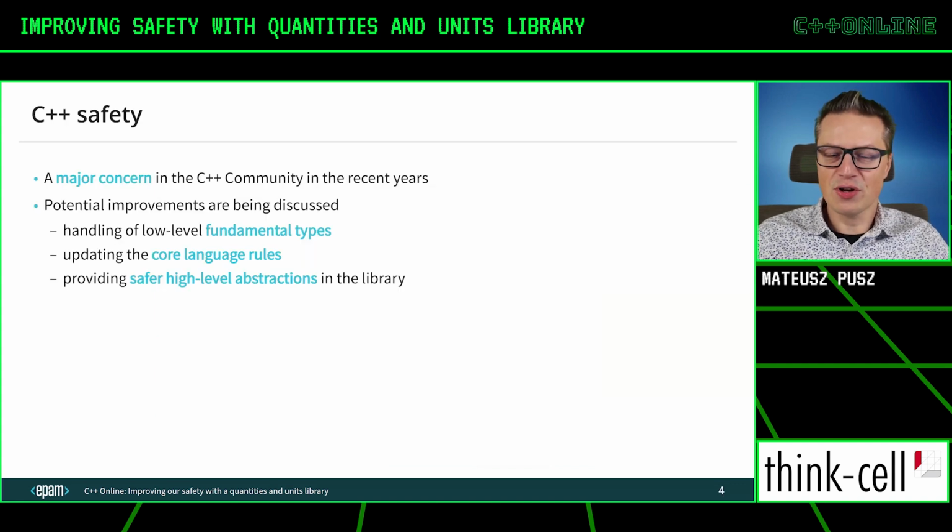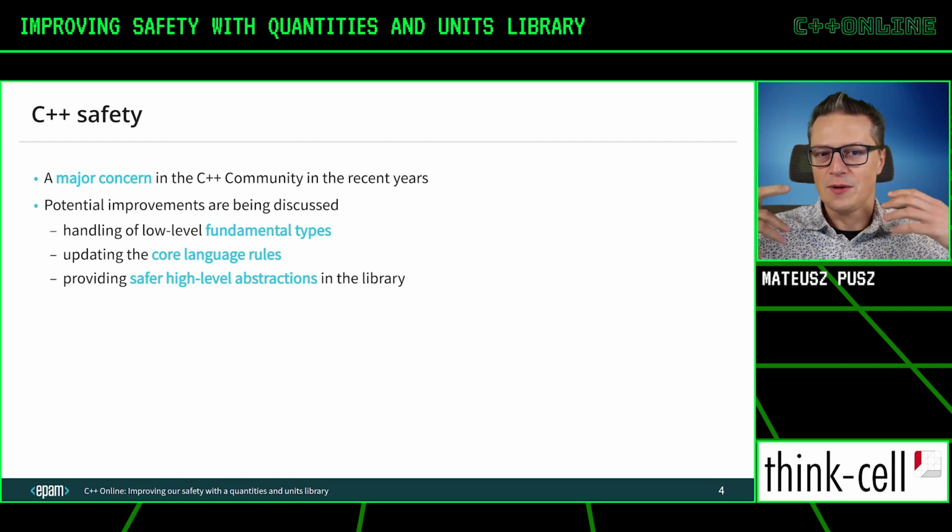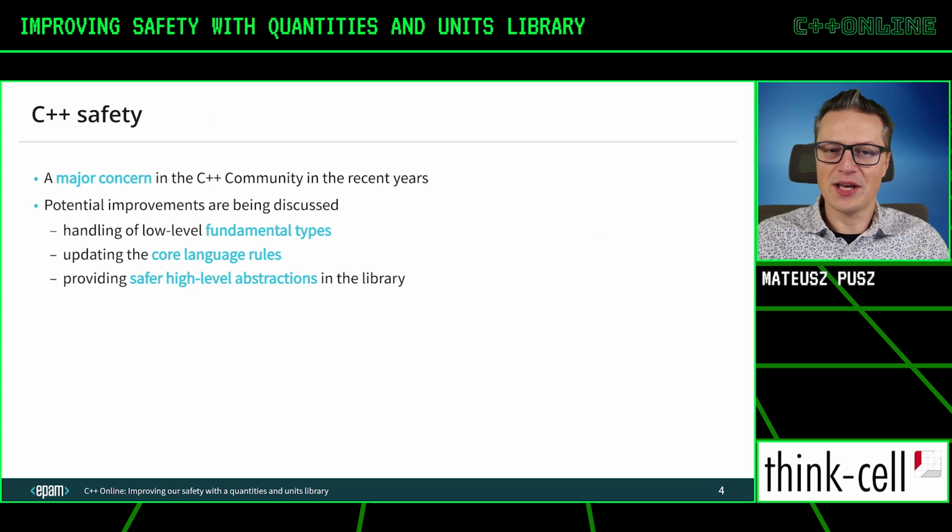So safety has been a major concern in the C++ community in recent years. Potential improvements are being discussed, such as handling of low-level fundamental types. We would like to have better fundamental types in the language, ones that have, for example, defined behavior on overflow. We would like to improve core language features like initialization, so that, for example, everything initializes with zeros. Bjarne Stroustrup talks about profiles right now that would be able to support that.